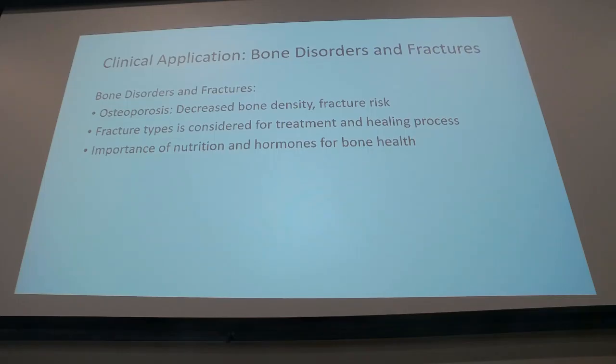So for clinical application, bone disorders and fractures, osteoporosis, decreased bone density. When you have less dense bone tissue, you have increased fracture risk. As we age, we have greater risk of this.